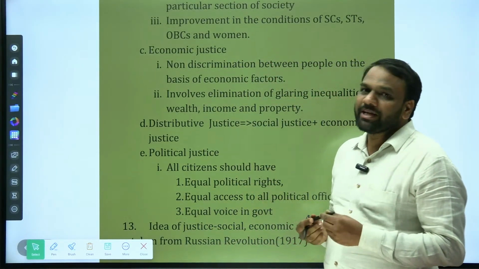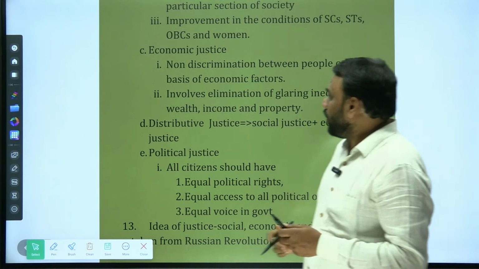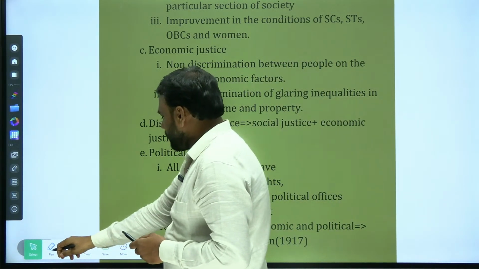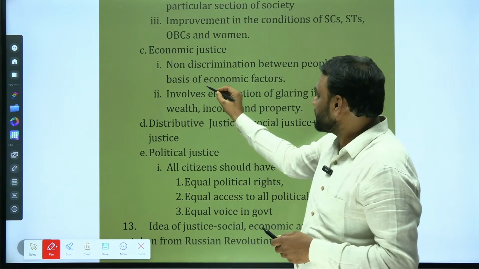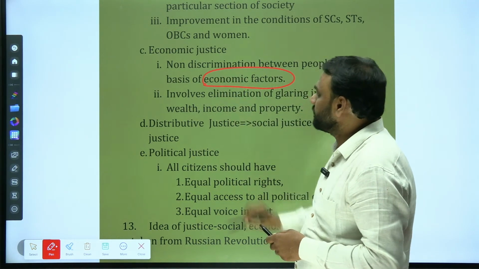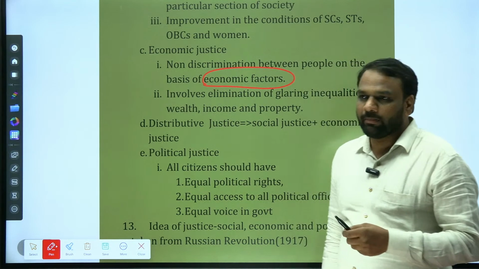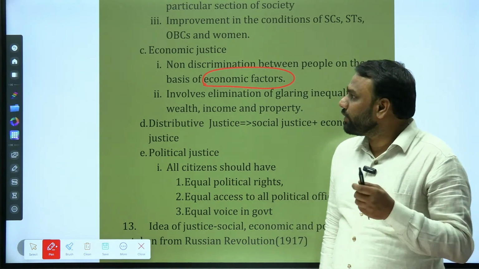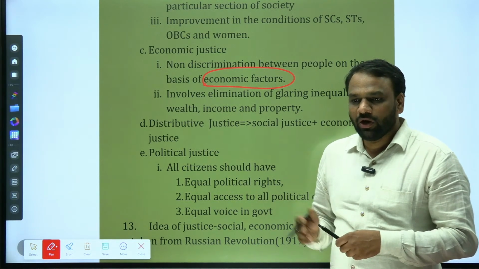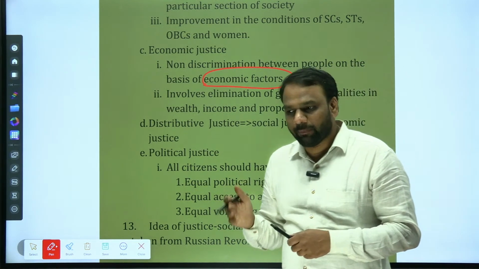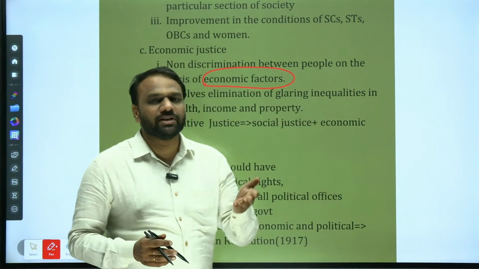Next, economic justice. Non-discrimination between people on the basis of economic factors. Okay. Now, once upon a time, before independence, there was some discrimination based on economic factors. For example, before our independence also, there used to be some elections.